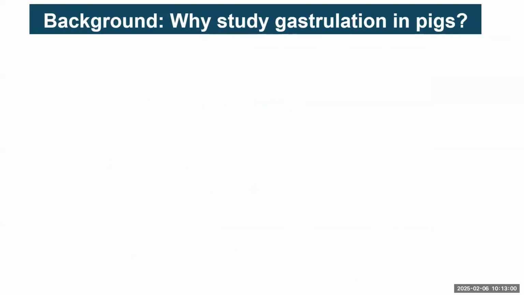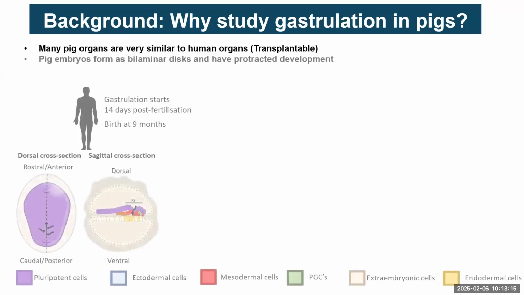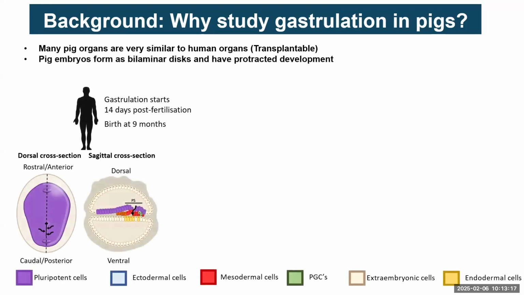And the reason for using the pig is multiple, but to a certain extent, it has a potential application for generation of human organs. So funders like to see that there is a potential medical application to your model. And they also share big similarities with humans.